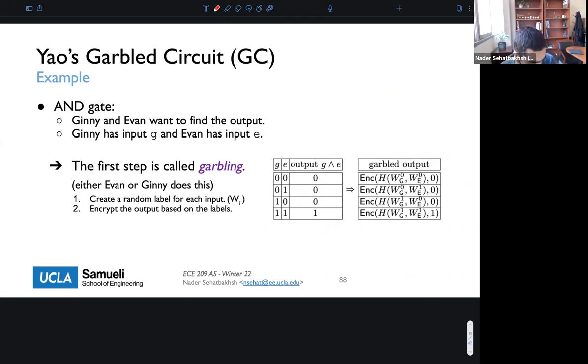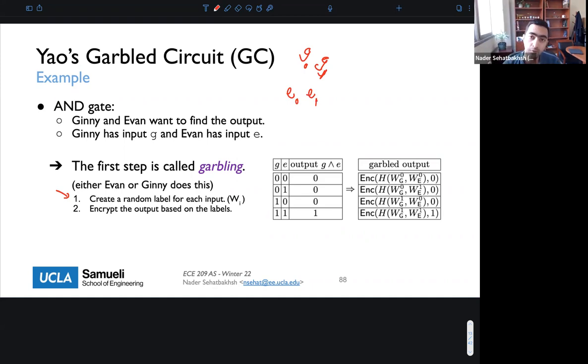All right, so what is the process of garbling? The process of garbling is basically two things. One is, for different inputs, for G0, G1, E0, and E1, we have these four different inputs, right?